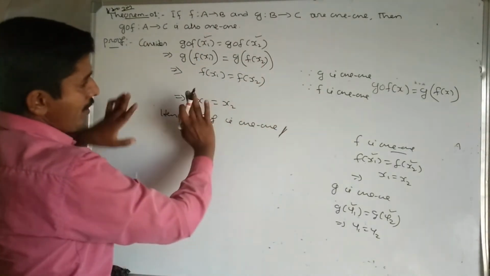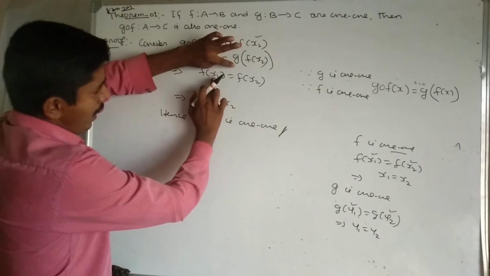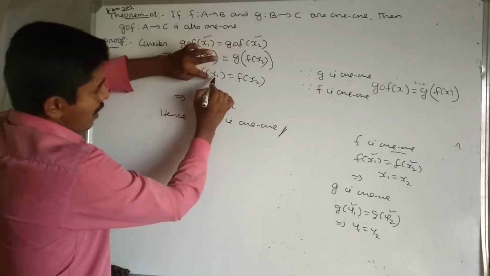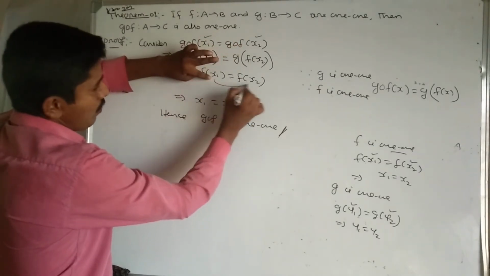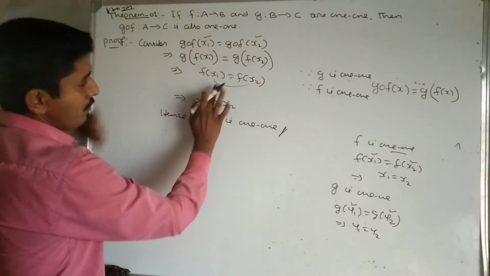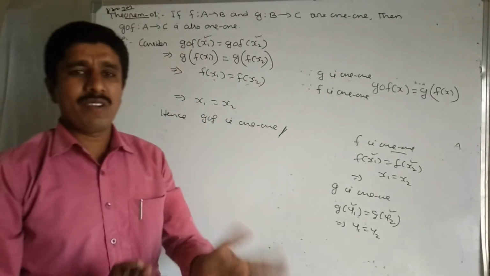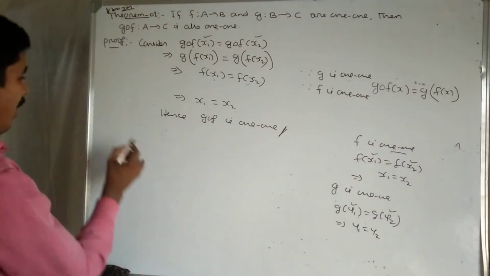Next, f is one-one, with domain elements x1 and x2, so x1 equals x2. Yes, gof is one-one. Important for 2 marks. So next, theorem 2.